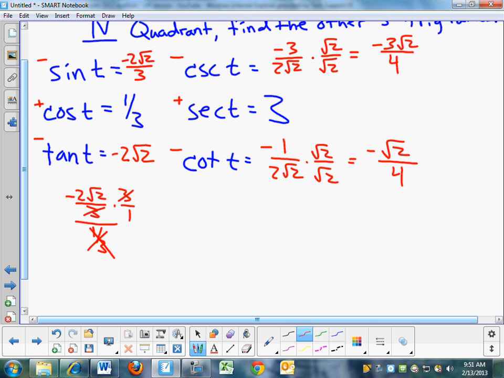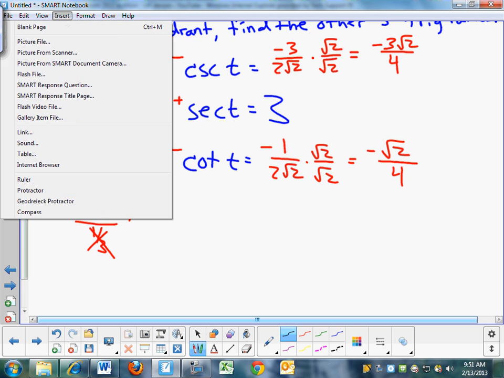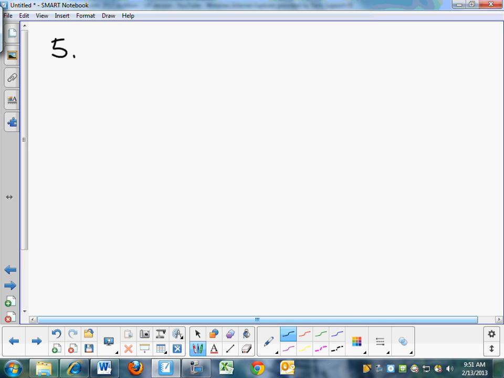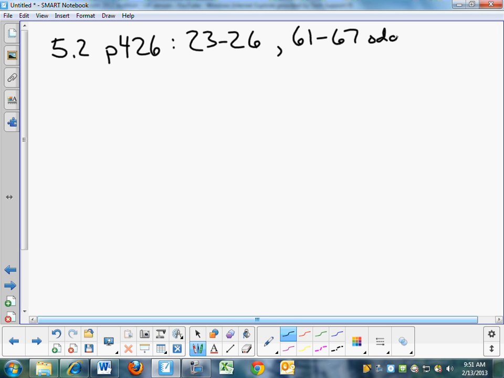All right, here's your assignment. You could just add it on to what you were working on yesterday. 23 through 26 all. 61 through 67 odd. 23 through 26 are exactly what we did right away, where you have the undefined values.